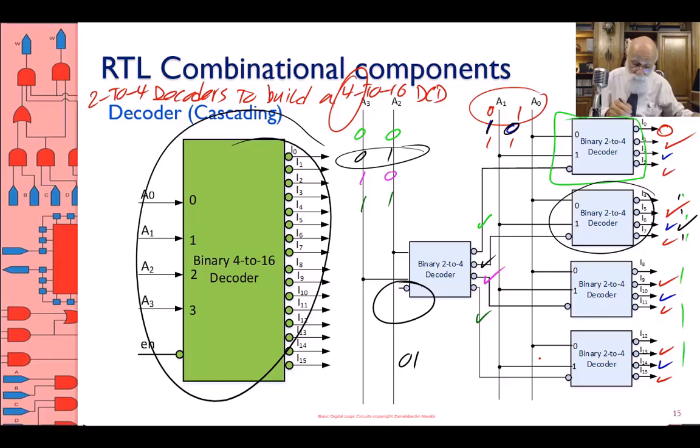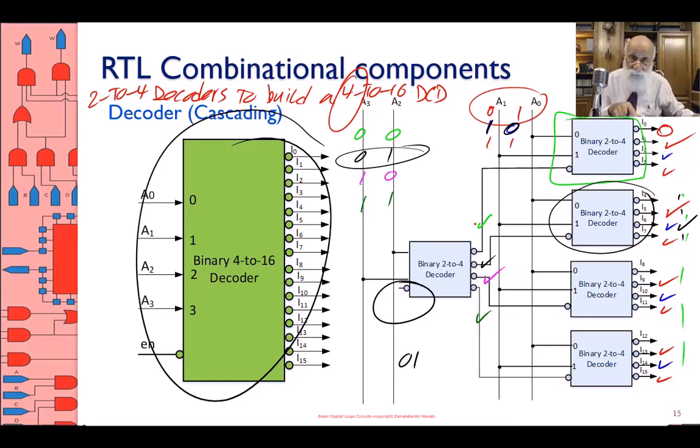There are 2 logic levels in each of these binary decoders. So going from the A3 all the way to the outputs, you have 2 logic levels here, 2 logic levels here, and therefore you have a delay of 4 gates.